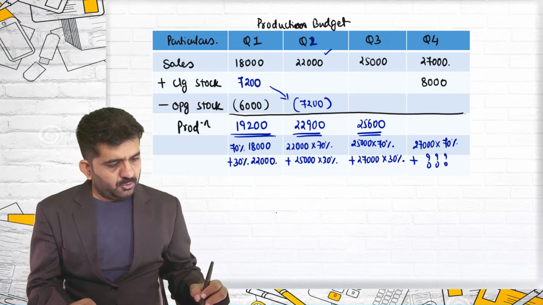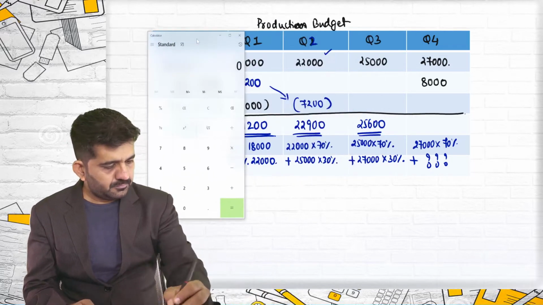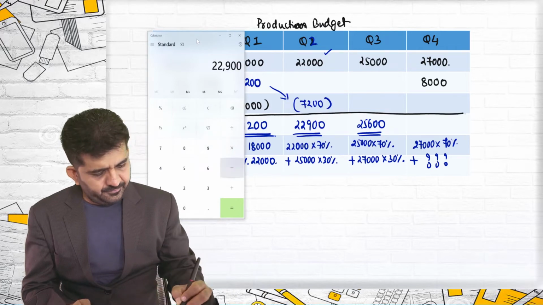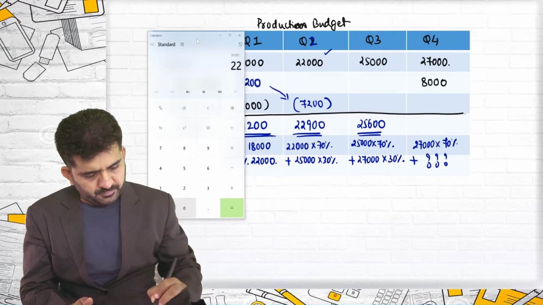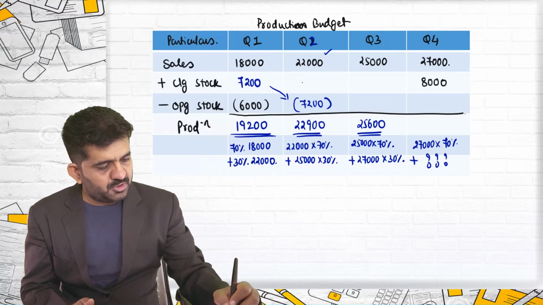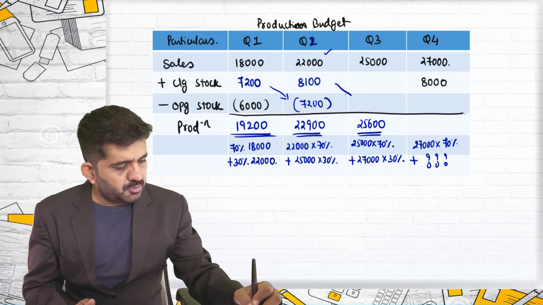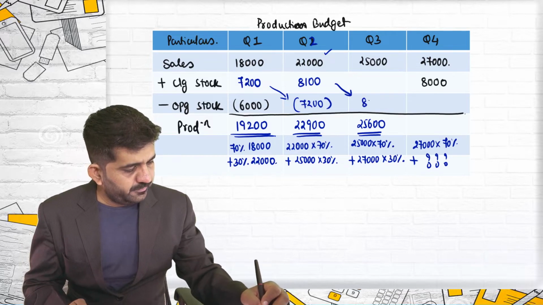I can again find out closing stock of quarter 2. How will I be finding it out? 22,900 plus 7,200 minus 22,000, which is 8,100, which will again become opening stock of quarter 3.